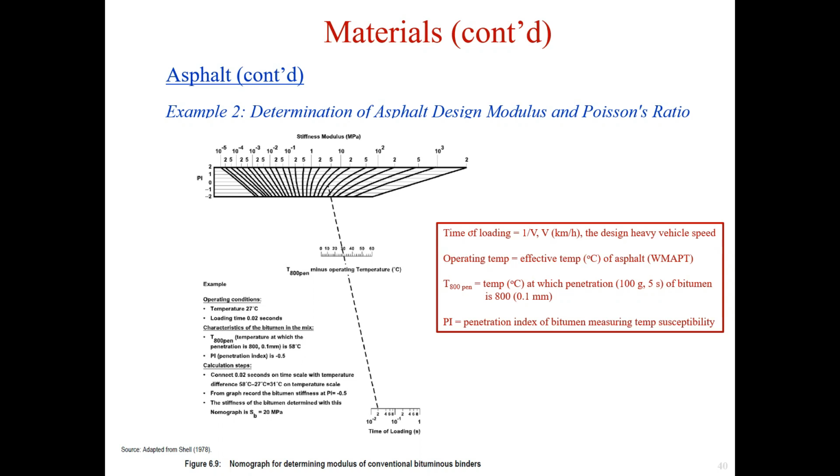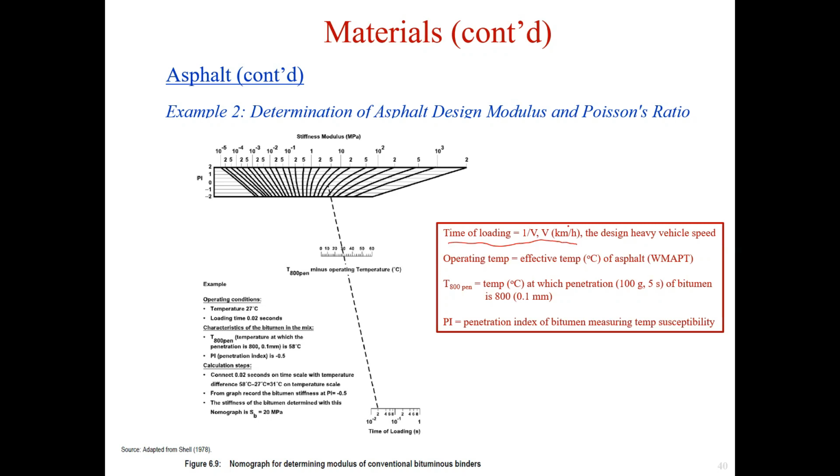In determining the asphalt design modulus, you need to consider what your in-service temperature would be for your project and also your rate of loading. The time of loading is 1 divided by V, where V, with the unit of kilometer per hour, is the design heavy vehicle speed.